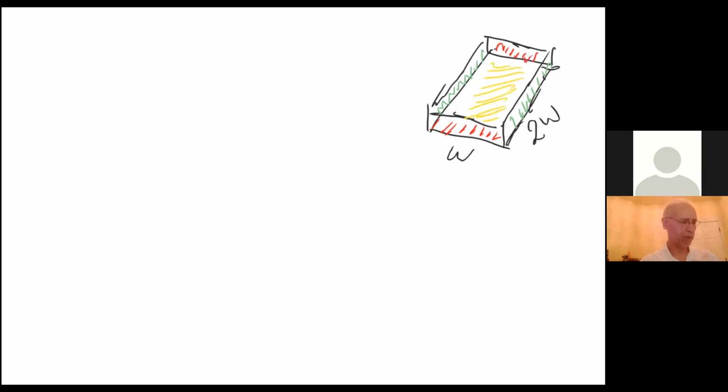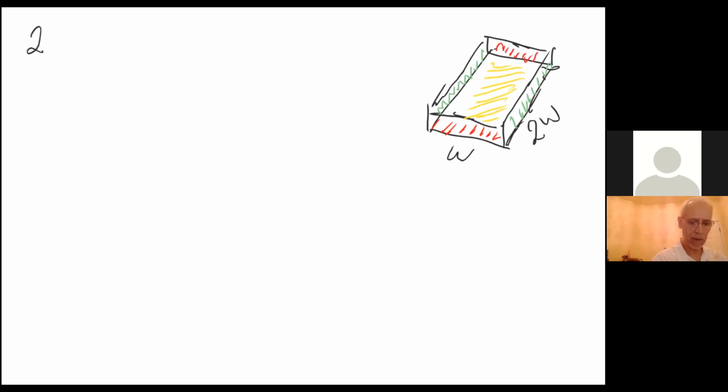What is it that we know? We know that we have 150 square feet of material, and out of that, I have to make all the sides and the bottom.